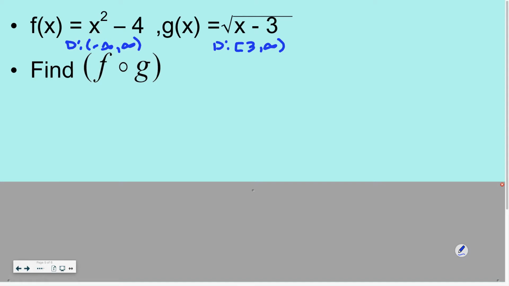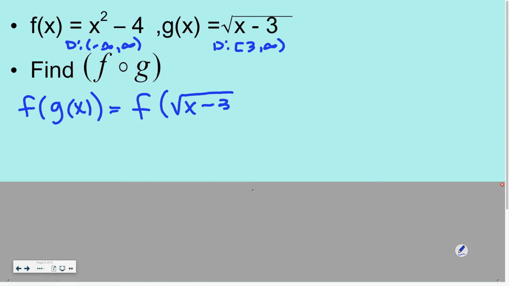Okay? Now, if you're not a big fan of this notation, that's not a problem. I need you to understand what it means, but I don't mind if you change it to f of g of x. Okay? That's not a problem. So what do we do? We take function g, and that becomes our input for f.